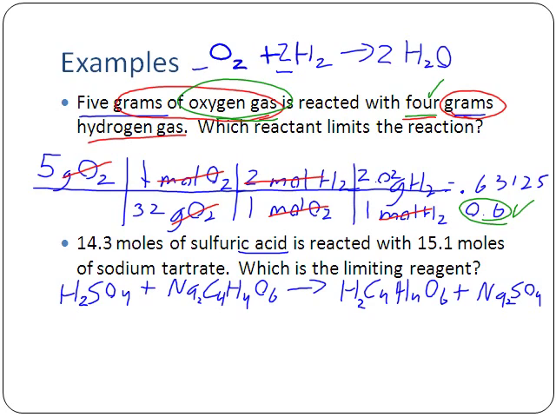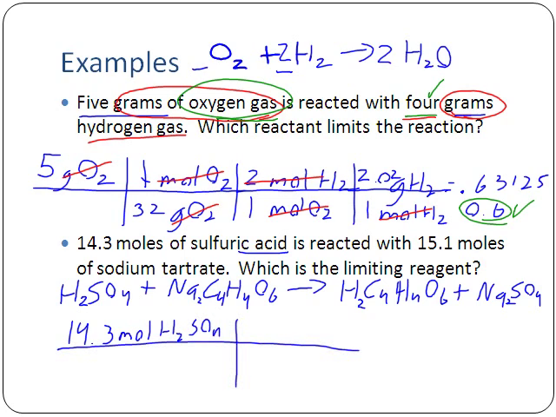And so setting this up, we would start off with one of the two that we start with. We can either use the 14.3 mole sulfuric acid, or we can start with the 15.1 mole sodium tartrate. I'm just going to pick the first one because I figure, why not? So 14.3 moles of sulfuric acid. So we start off with this.